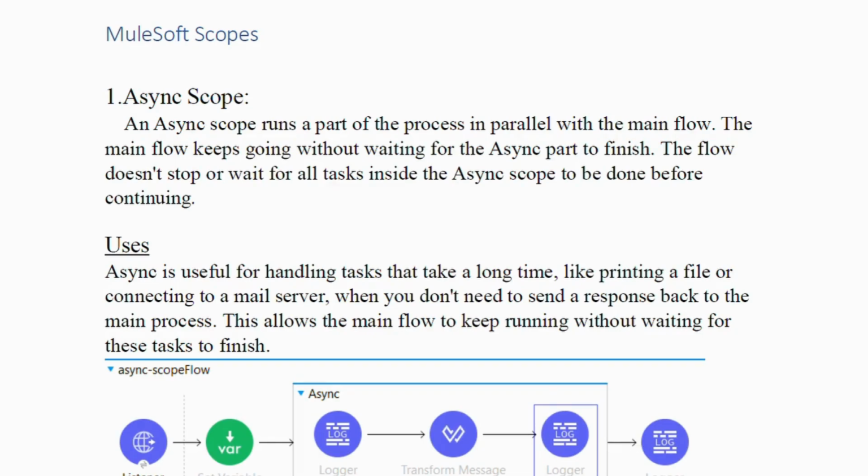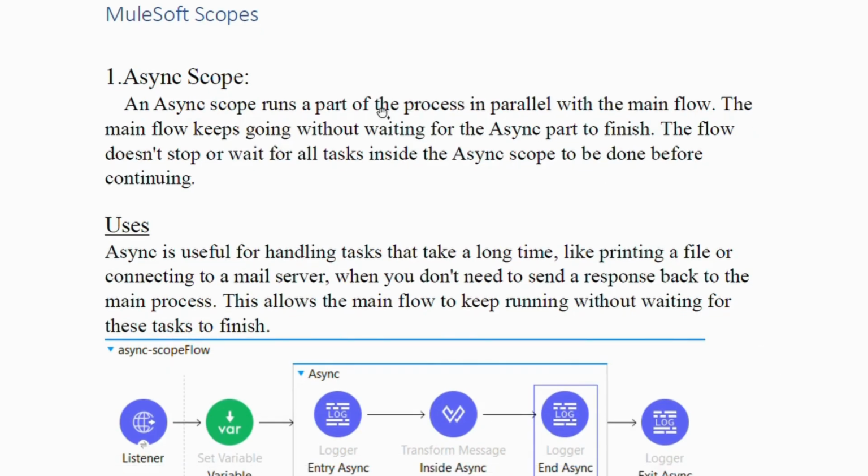An example use case: imagine you need to send an email notification while processing an order using an asynchronous scope. The email process runs in the background and your main flow continues without delay.